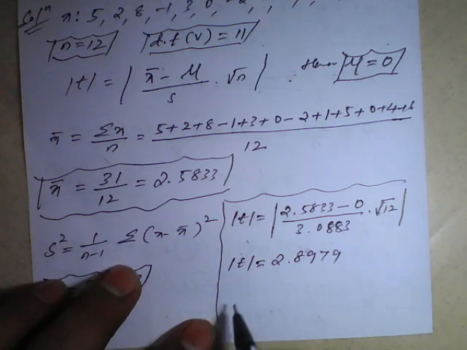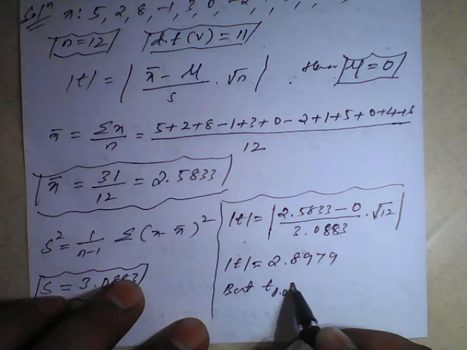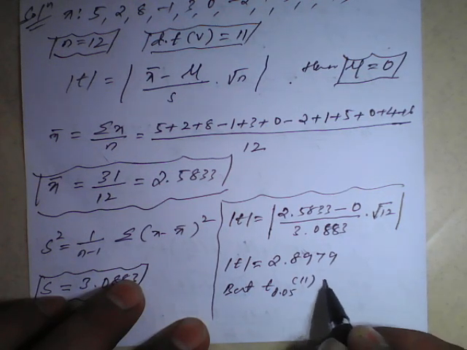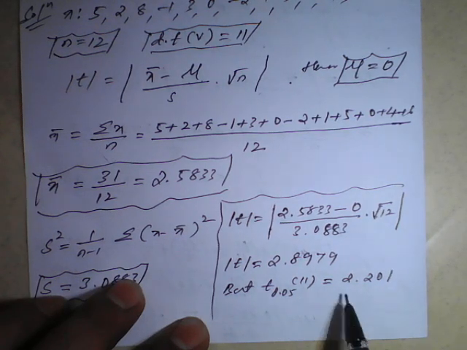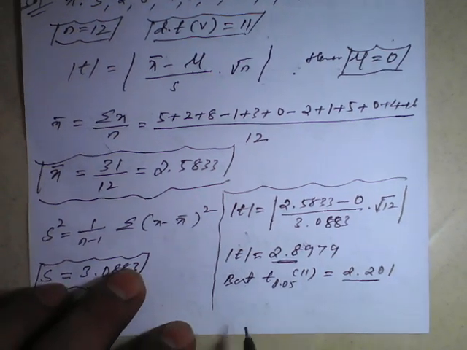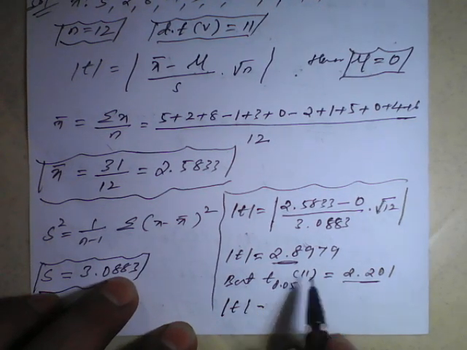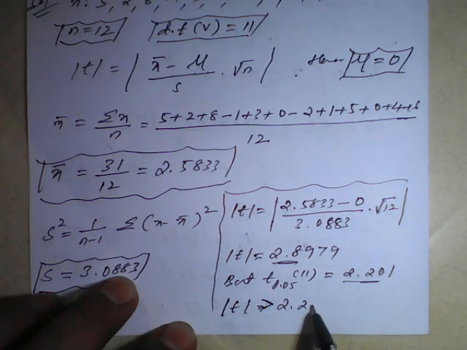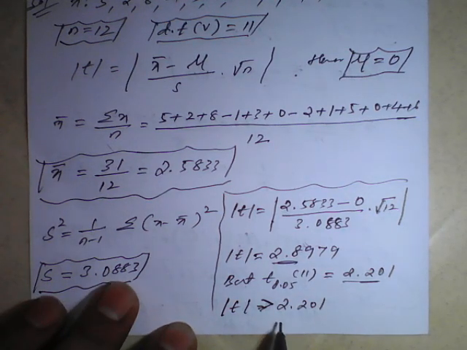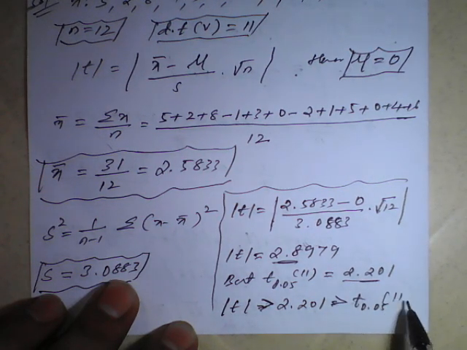So mod of T is this one, but from the question, they have given T of 0.05 at 11 degrees of freedom as 2.201. This is the value we need to compare with. Therefore mod of T is greater than 2.201, or I can say greater than T of 0.05 of 11.